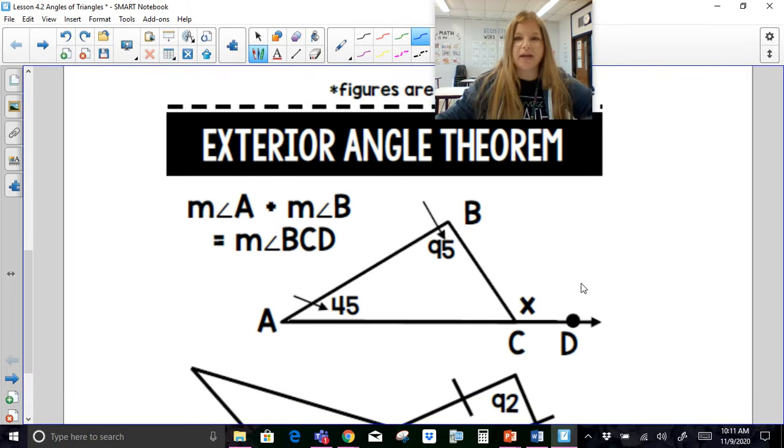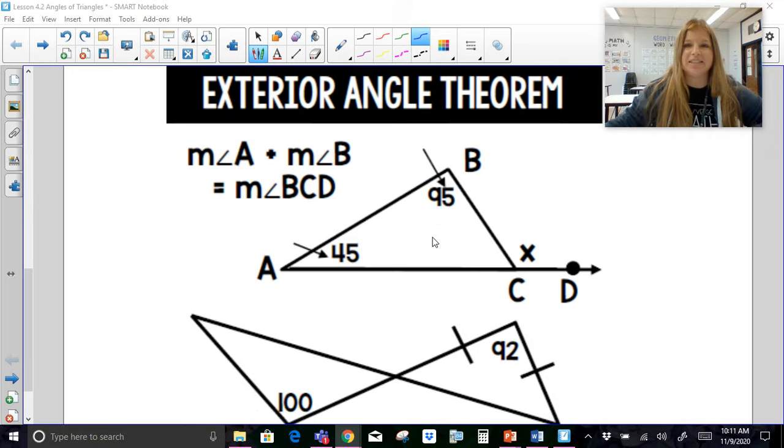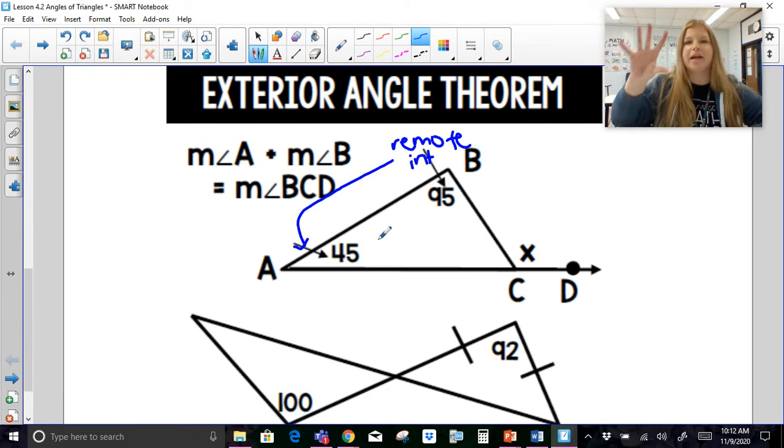Now the exterior angle theorem is where the two remote interior angles, this is called a remote interior, and it's a little tough for me to write. Remote interior, and this is also a remote interior. Remote means it's the further angles away from the exterior. Now we know exterior means outside.